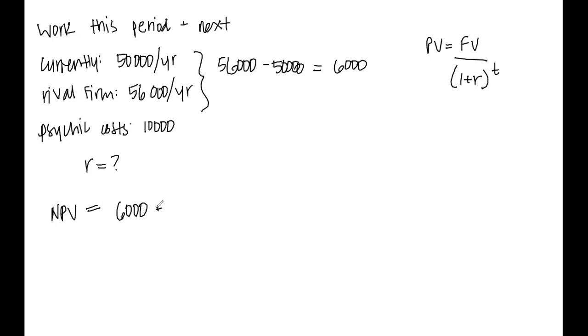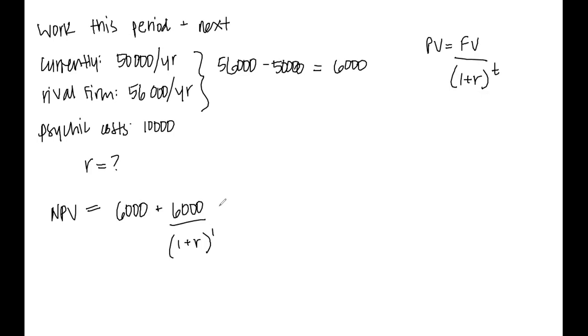And then we can add on the second term, which would be 6,000 over 1 plus r to the first power, because that would be the first year she's working. This period, next period. So we have the initial period and then the first period.